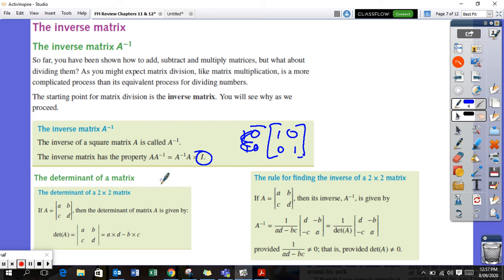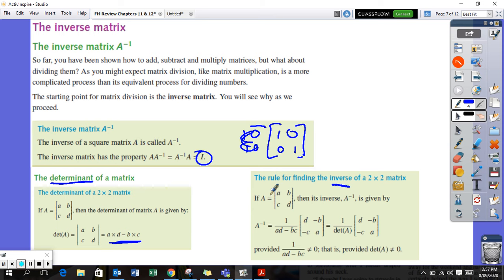Now to work out the inverse matrix, we need to work out the determinant. The determinant tells us a bit about the matrix. If we've got a matrix A, B, C, D, then A times D minus B times C gives us the determinant. The determinant is used in finding the inverse.